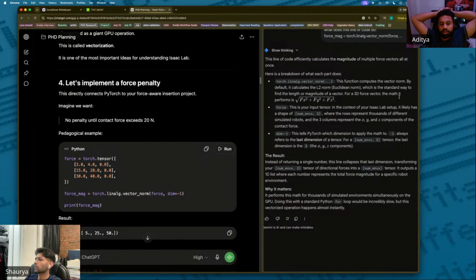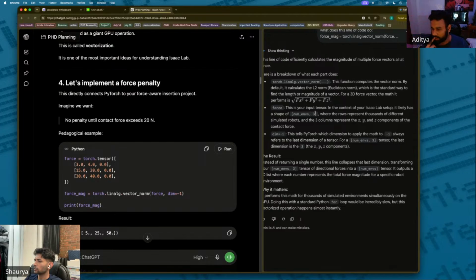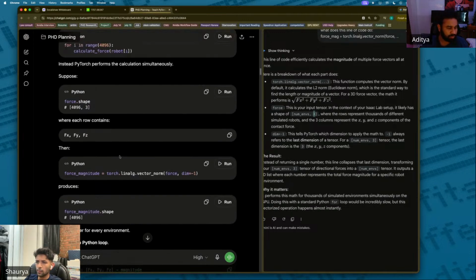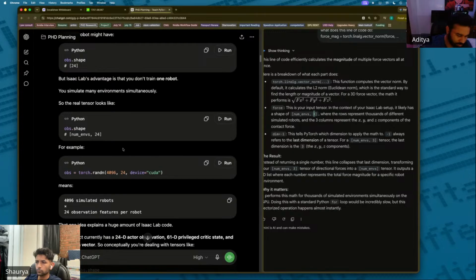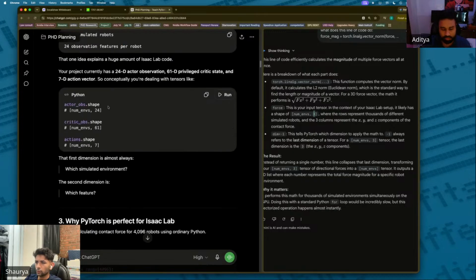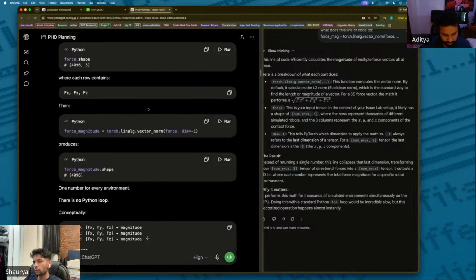For a 3D vector, the math it performs is the square root of the sum of squares. Force is your input tensor; in the context of the Isaac Lab setup, it is likely of shape num_envs, comma, 3. That is the number of robots, and the other dimension is going to be XYZ. That's why it's 3.